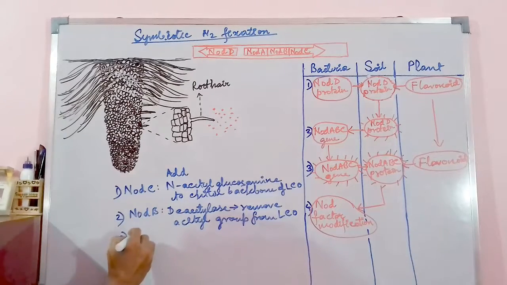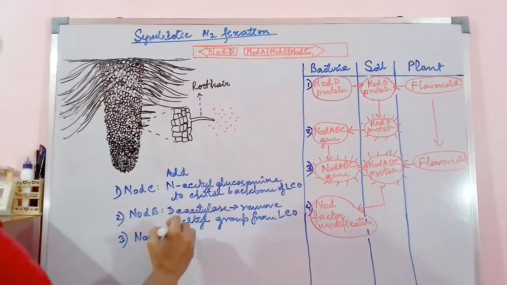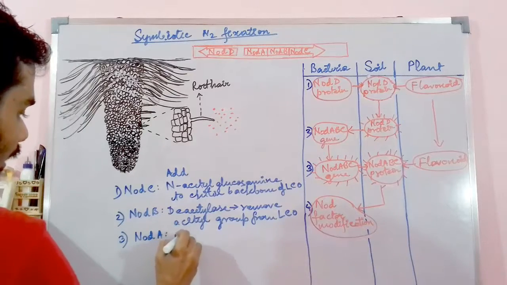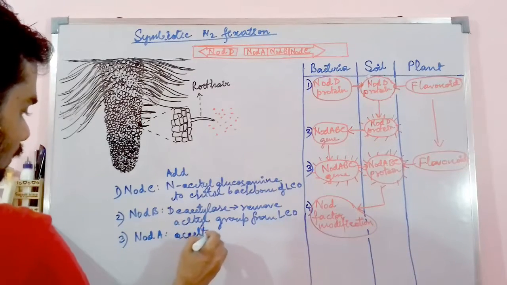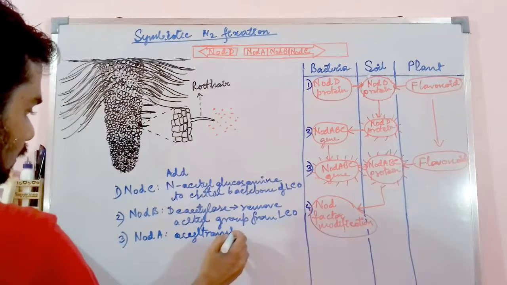And in the third case, what will happen? The node A is an acyl transferase.